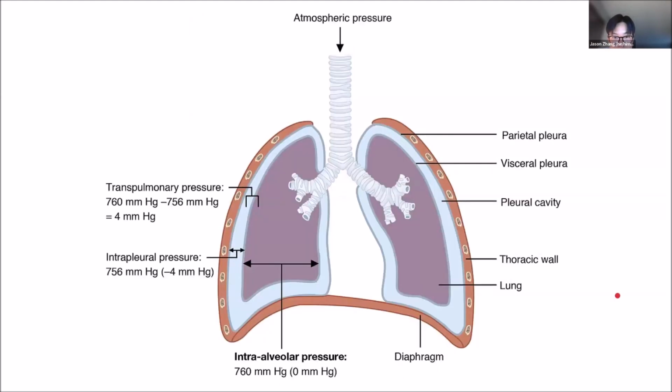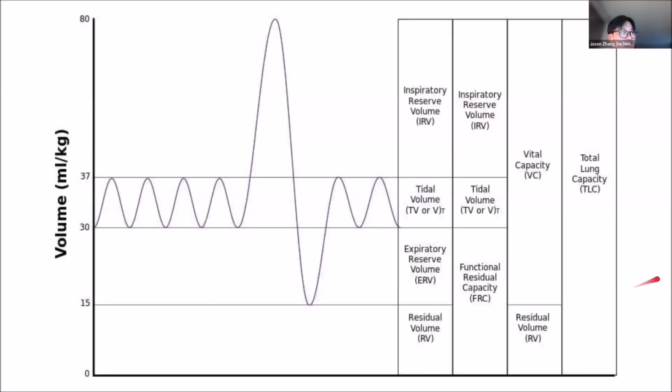In terms of the spirometry results, just be familiar with the different lung volumes. The main thing is tidal volume, which is the amount of air that you're inspiring or expiring in a normal resting breath. Then you have an inspiratory reserve volume, which is the most amount of air you can inspire. You have an expiratory reserve volume, which is the most amount of air that you can release.